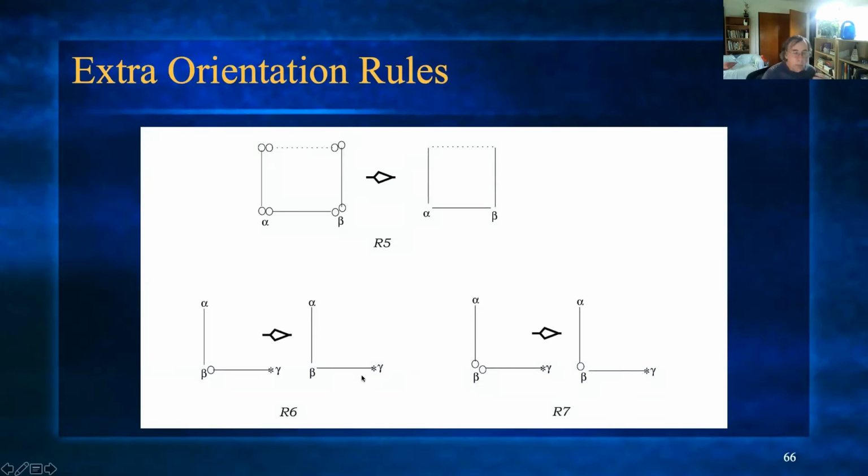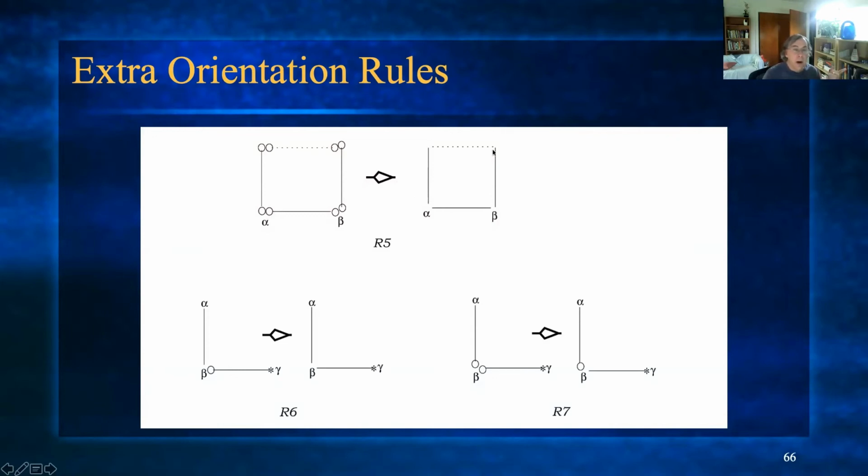So I have to add a whole bunch of more orientation rules, and some of these orientation rules are again quite non-local. What this dot dot dot means is that if I have a path from this variable to this variable where all the edges are circle edges, then I have to change the circles down here into tails.